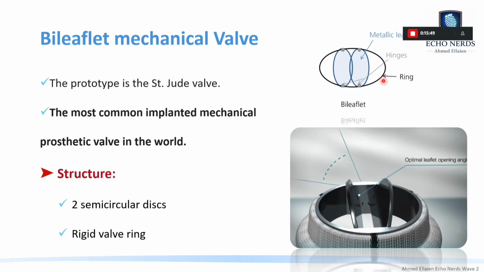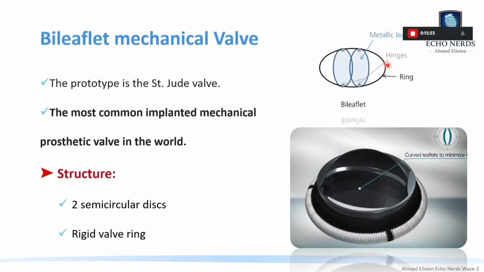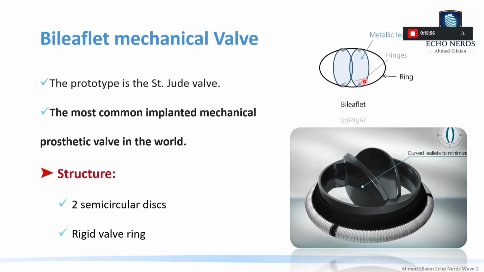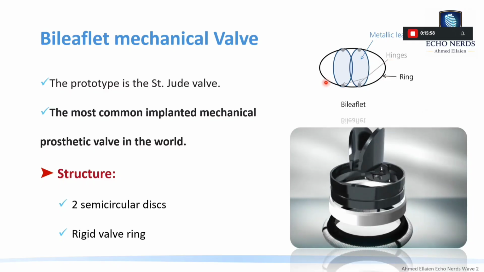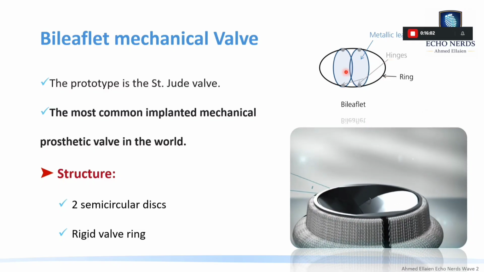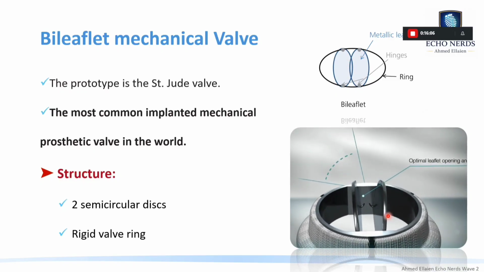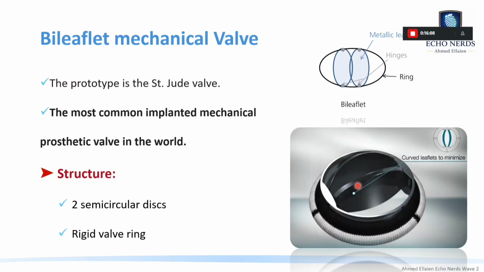Let's start with the most commonly encountered in our practice, the bileaflet mechanical valve. We can see the design of the valve here in this diagram. The valve typically is composed of a rigid metallic valve ring, as we see in this animation. Over this metallic ring, there are two semicircular tilting discs.